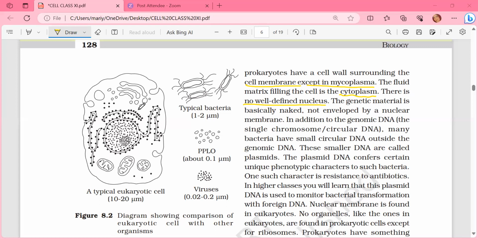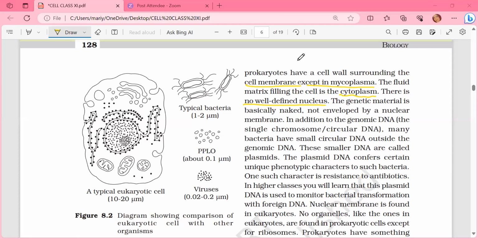Can anybody explain? Tell me. See, a well-defined nucleus is the one that has a membrane surrounding it, a membrane which is separating it from the rest of the cell. That is a well-defined nucleus, but the prokaryotes do not have it.